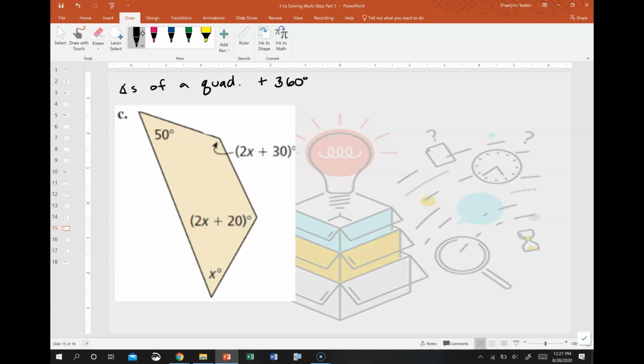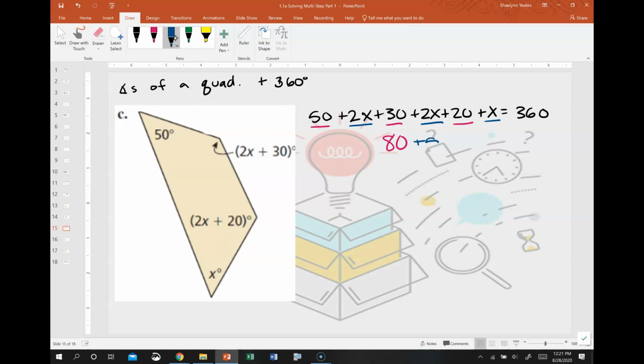360 degrees. So here I can rewrite this as 50 plus 2x plus 30 plus 2x plus 20 plus x equals 360. I'm going to go through and find all the like terms. I know I have a 50, a 30, and a 20 that can all be combined, so that becomes an 80. And then I have a 2x, a 2x, and an x, so that would be plus 5x equals 360.